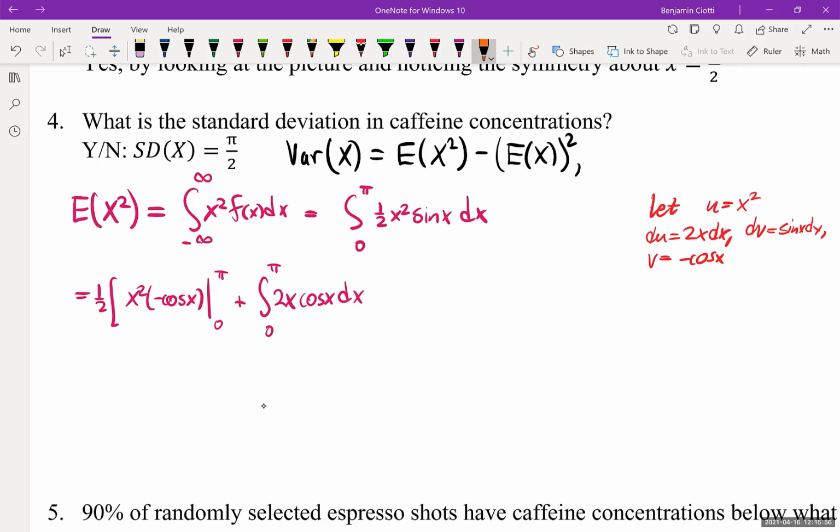So now for this one, let's let u equal x. And dv is cos x dx. So what's that make the v? Sine.